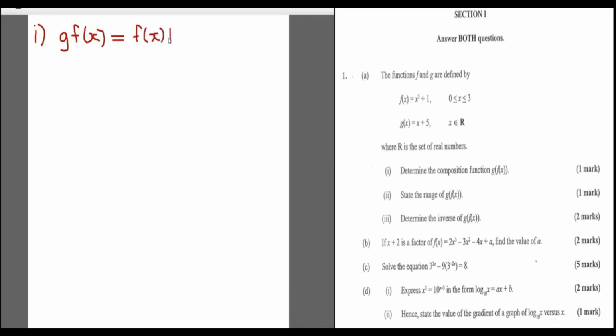So we'll put f of x into g, and f of x is x cubed plus 1. So this is going to become x cubed plus 1 plus 5. X cubed plus 1 plus 5 is x cubed plus 6. And that is g f of x.